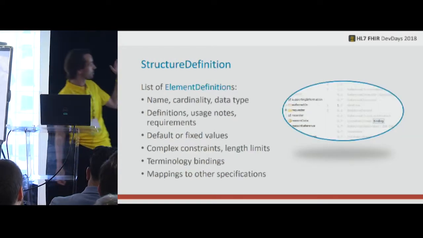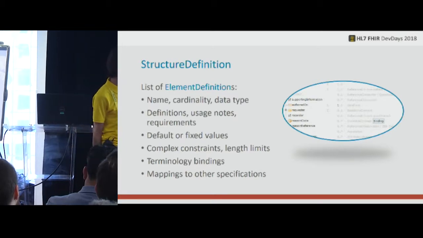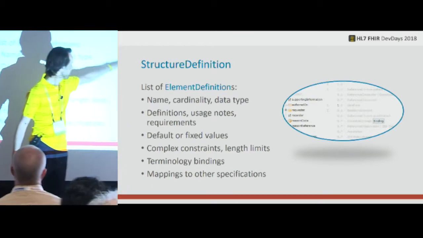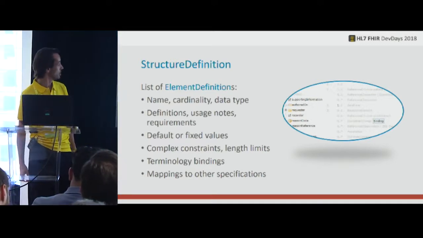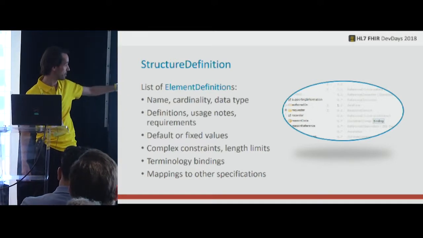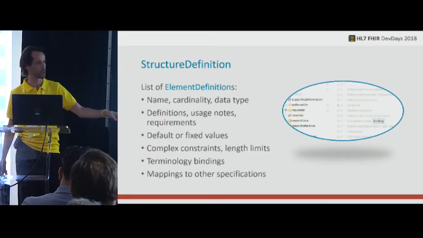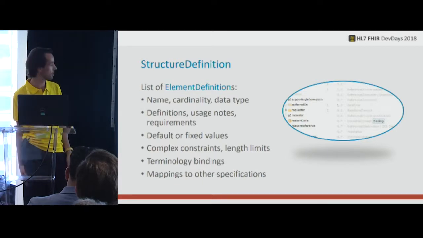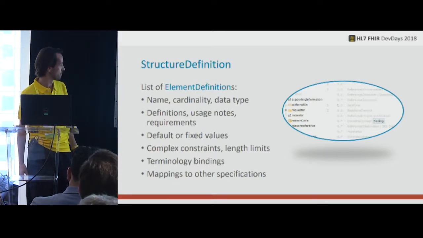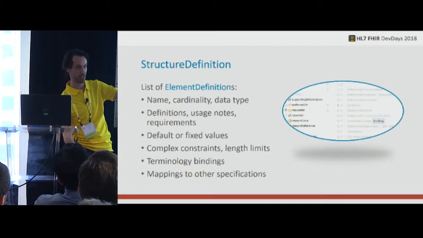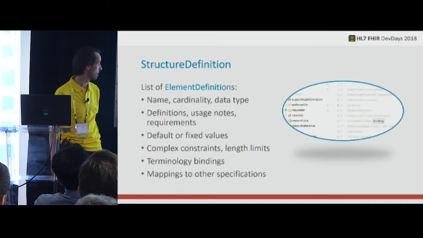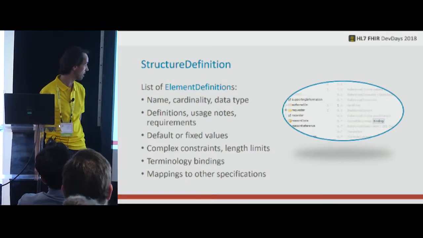And of course, then there's a list of element definitions. So if you go to the spec, this is how that's rendered. The name of the elements, each element has a data type. There might be some description added. There might be default or fixed values, usually not in the core spec, but you might add that in a profile. Complex constraints, saying if that field is empty, you have to specify that field, for example, with an expression or a length limit.